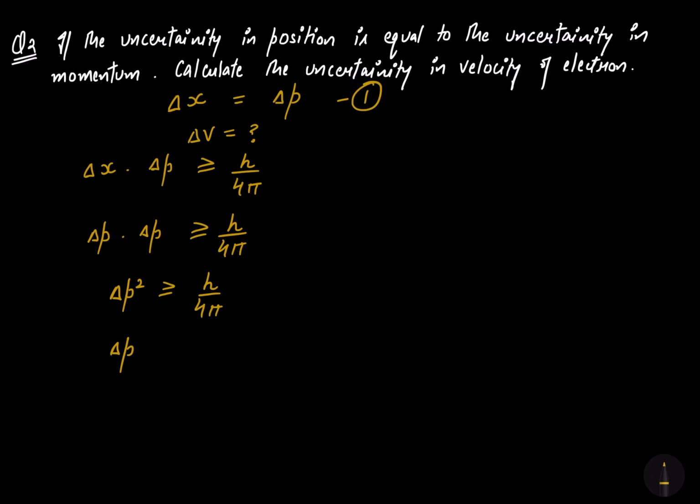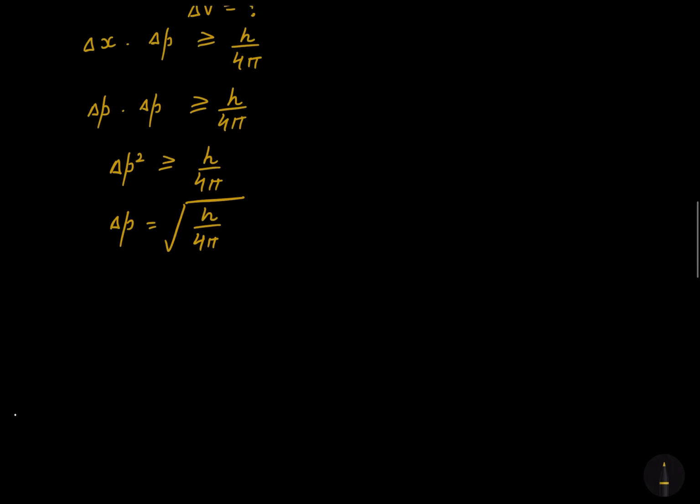Delta p comes out to be the root of h upon 4 pi. Now m delta v comes out to be the root of h upon 4 pi. Now delta v comes out to be 1 by m into the root of h upon 4 pi.